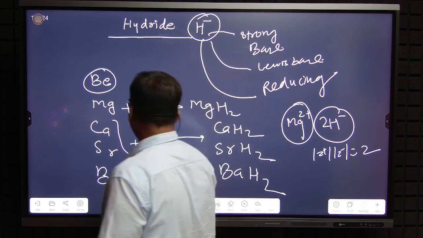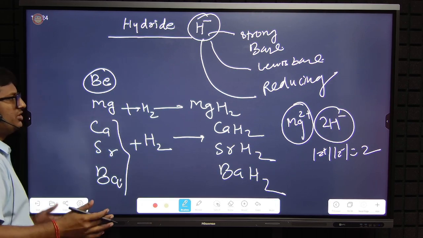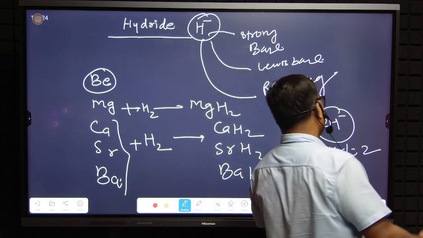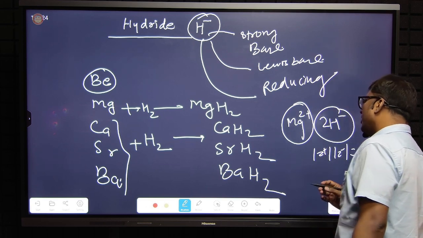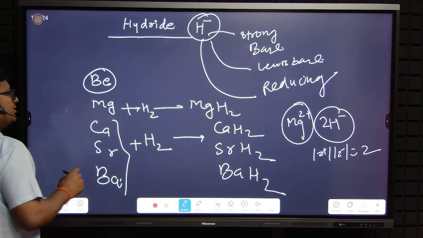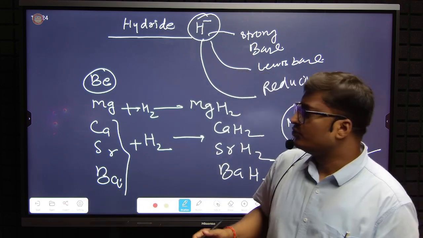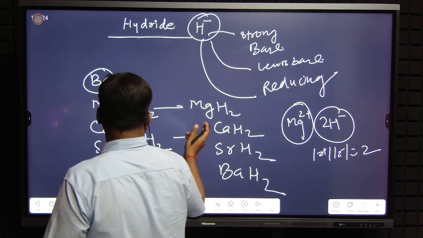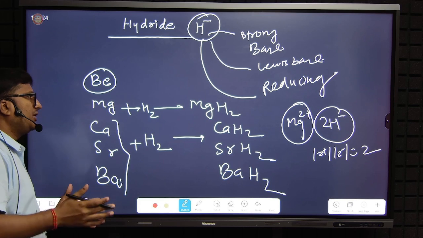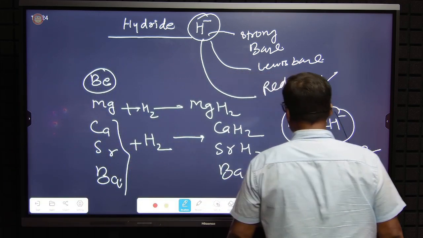The lattice energy of the compounds is 2 times higher, due to the presence of 2 positive charges and 1 negative charge, compared to the first group alkali metal hydrides like lithium hydride, sodium hydride, and potassium hydride. So the lattice energy is very high, and they are most stable.